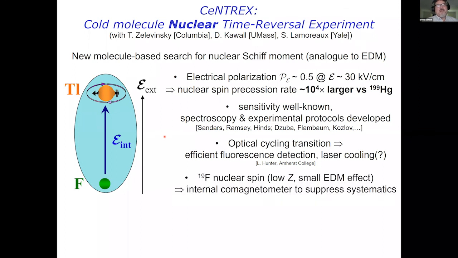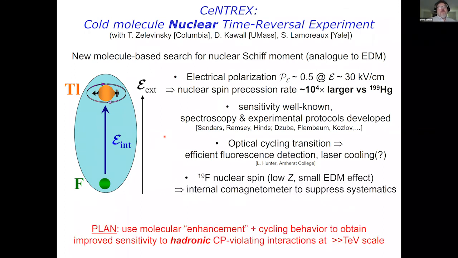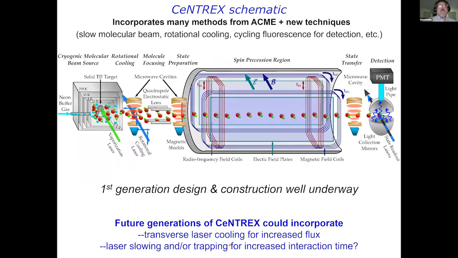It has some other nice features, but the bottom line is we're going to try to use this intrinsic enhancement from the polarizability of molecules plus this cycling behavior to push the boundaries on measurements of nuclear Schiff moments. Here's a schematic of CeNTREX. You can see that it looks quite similar to ACME, and it's really taking advantage of a lot of the lessons that we've learned from ACME.